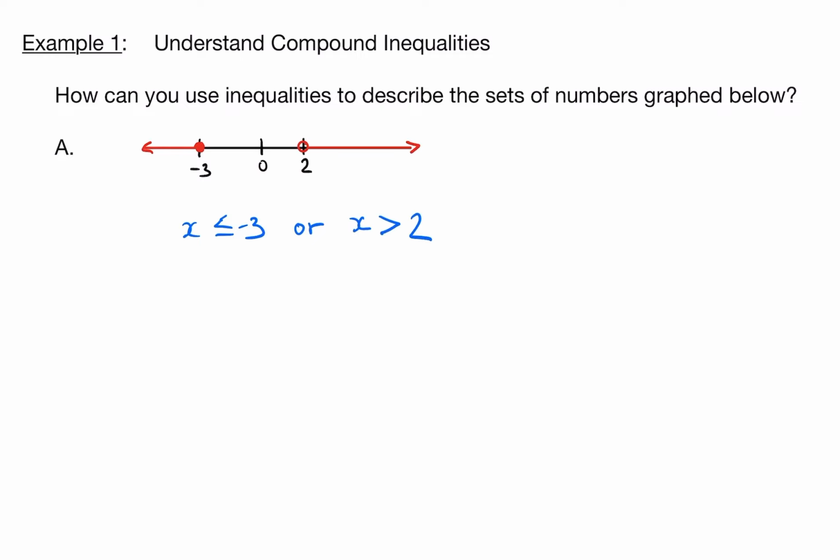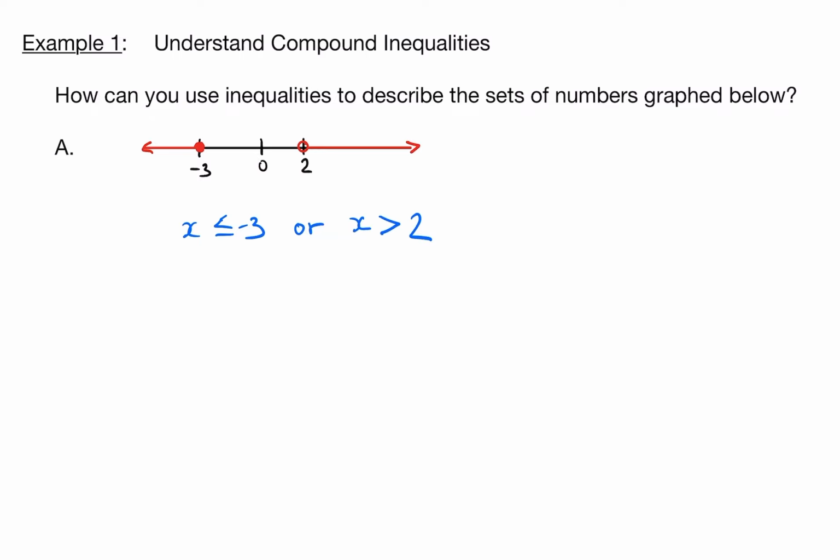What this means is the value 2 does not belong in the set of numbers that's highlighted in red, but anything greater than 2, even the slightest bit, and anything greater than that is included. So this is how we describe this number line with a red dot over the -3 and the arrow to negative infinity, and then an open circle on 2, and then an arrow all the way to the right.